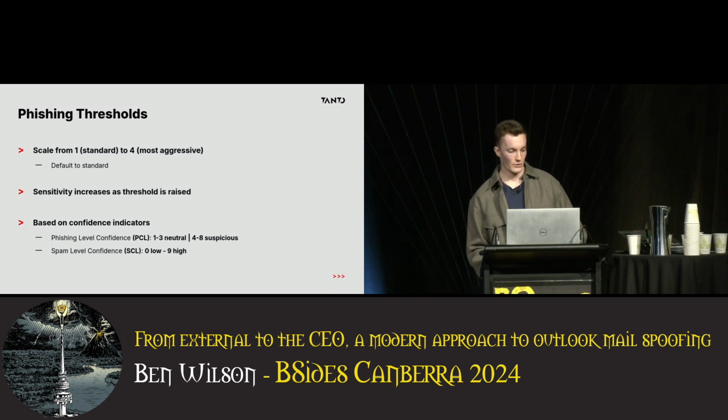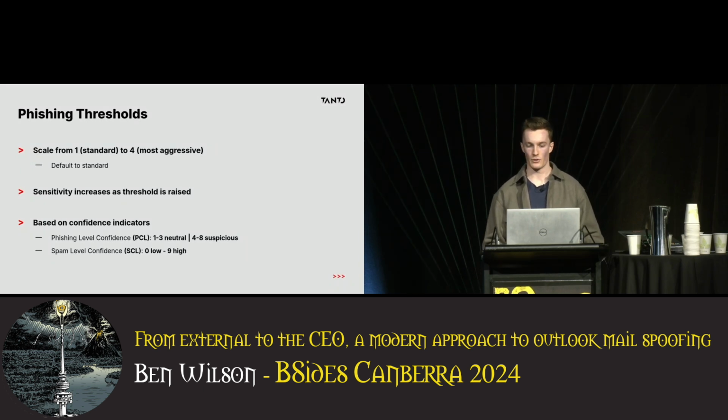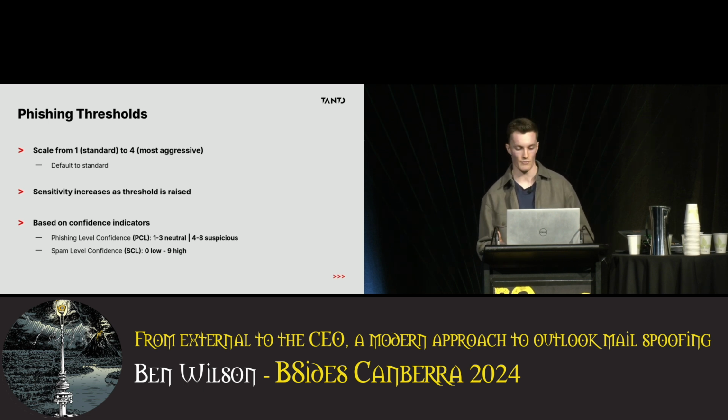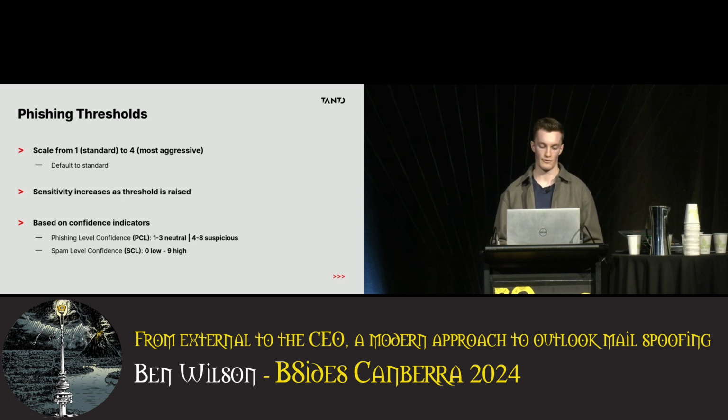And phishing thresholds. That's on a scale from 1 to 4, 1 being standard, which is the default, and 4 being the most aggressive. Basically the sensitivity increases as the threshold is raised, and this threshold is based off confidence indicators. Each email that goes into your organization will get its own phishing and spam confidence level score.